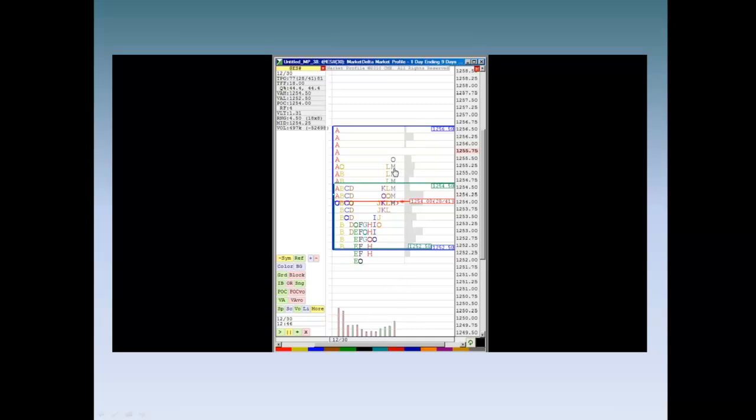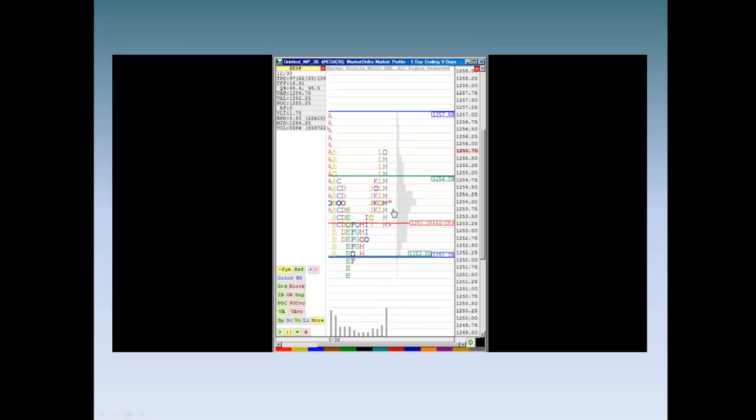And what happened was a lot of the short-term traders that moved price up started to immediately cover, and then we started to see some selling coming into play, and prices came right back down to the value area.